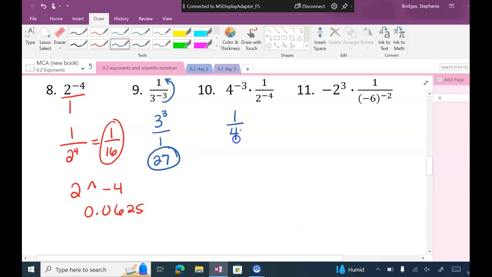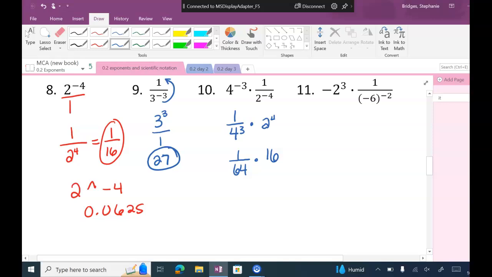So it becomes 1 over 4 to the 3rd, which is going to be 1 over 64. And then for the second part of that, to make that exponent on the 2 positive, where does it move? To the top. So it becomes 2 to the 4th. And then 2 to the 4th power is just 16.